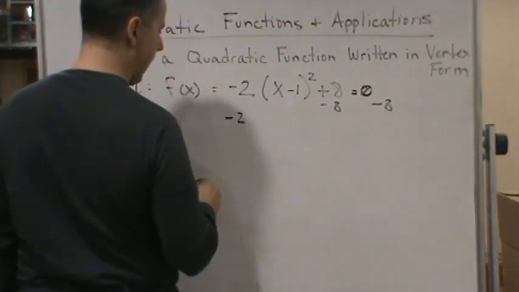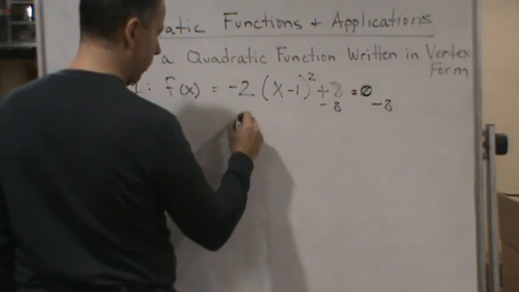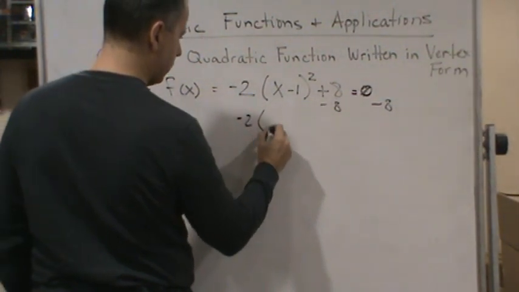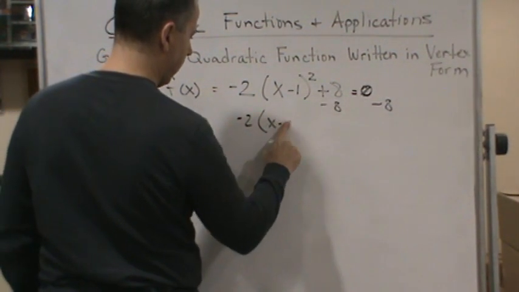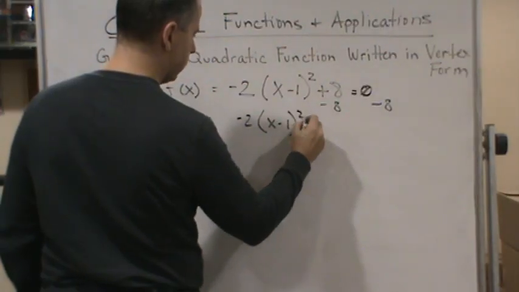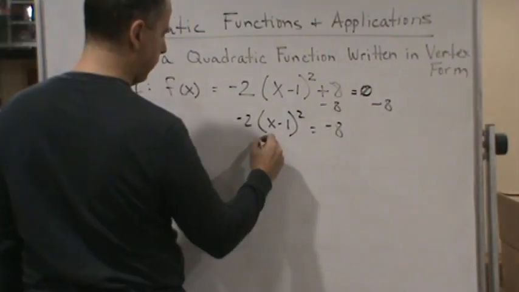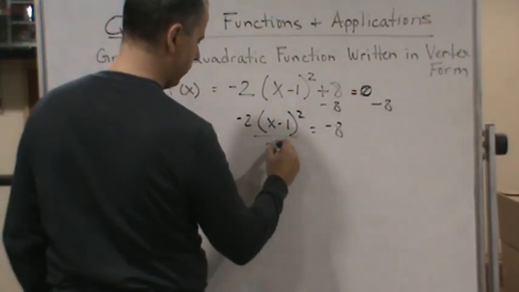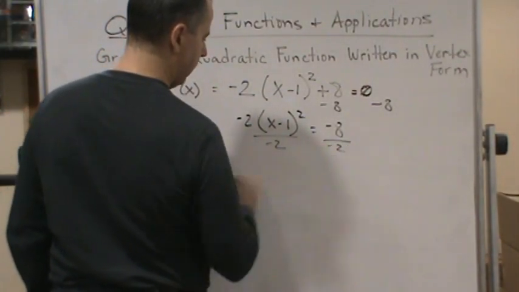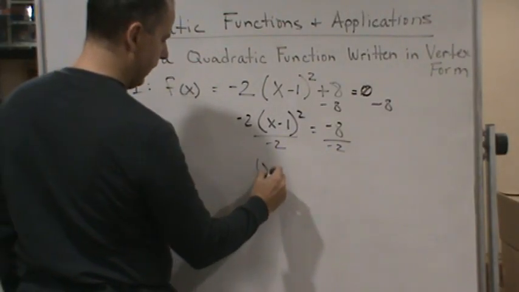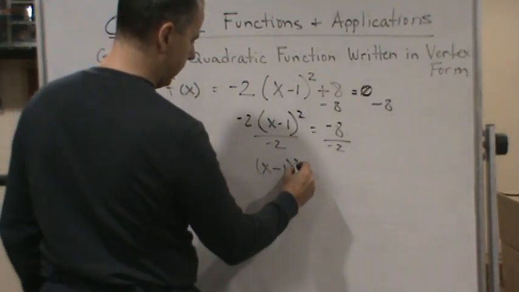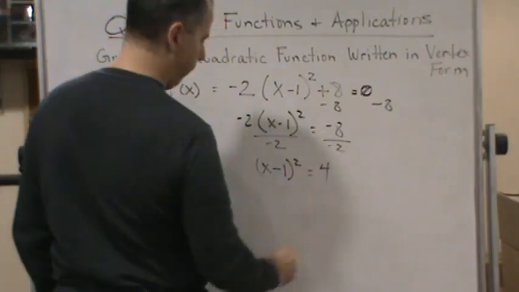So we're going to subtract 8, which is going to give us -2 times x minus 1 quantity squared equals -8, and then we're going to divide both sides by -2. And so that's going to give us x minus 1 quantity squared equals 4.